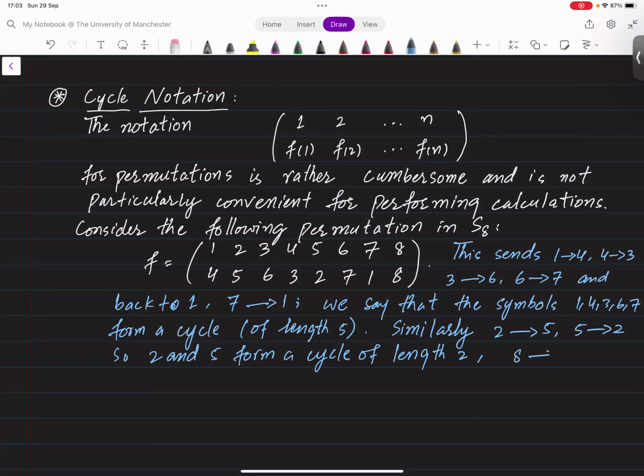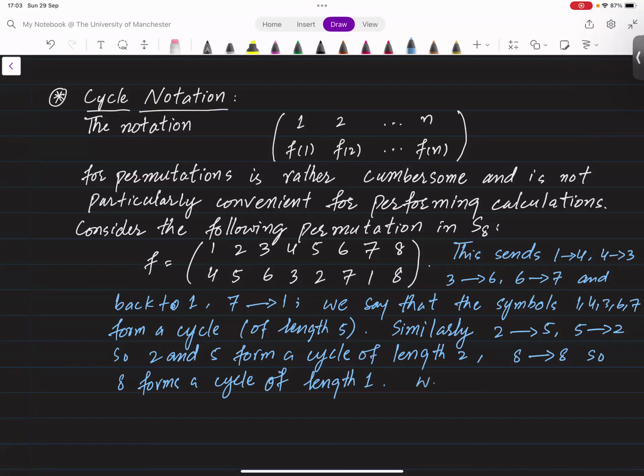And we send 8 to 8, so it forms a cycle of length 1.